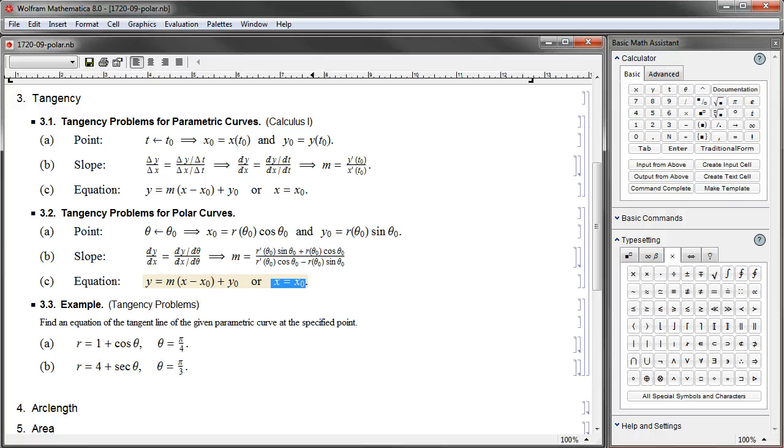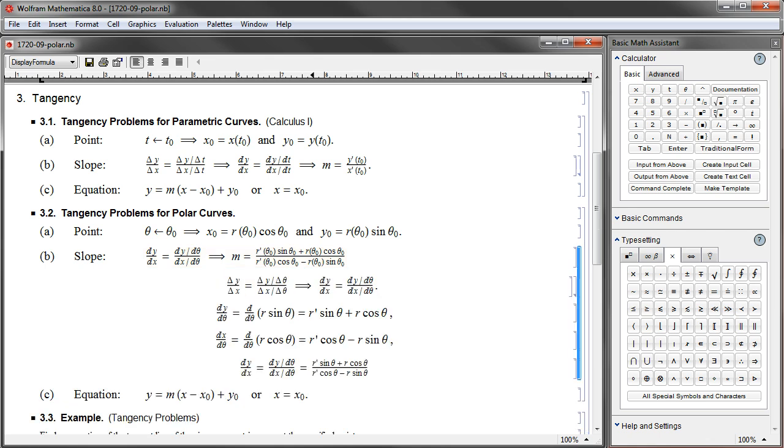How do you find the slope? One way is to use this horrendous formula for polar curves, or another is to use the standard parametric curve method. Which is better? Well, the parametric curve method is far superior. It's easier to memorize, one less thing to memorize, and the computation is not really bad either. If you somehow want to derive this, it goes like this.